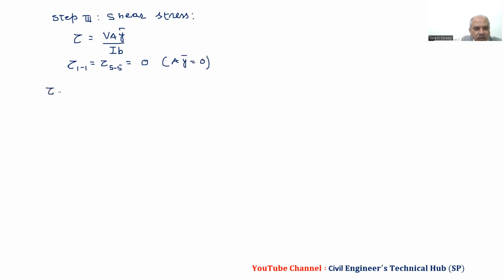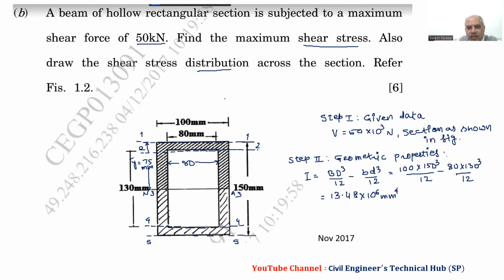Then tau 2-2 and tau 4-4 are the same. Here we find the value of A Y bar, considering the area above this portion. This is 100 into 10, and from the centroid we consider the distance: total 75, and we subtract 5, so this becomes 70.